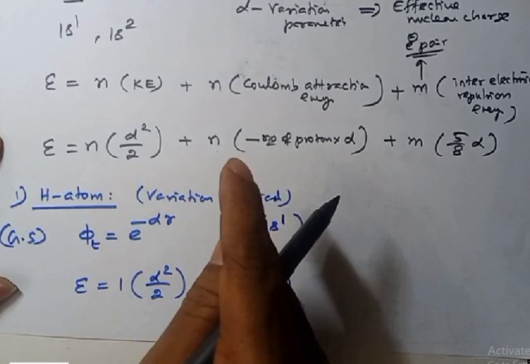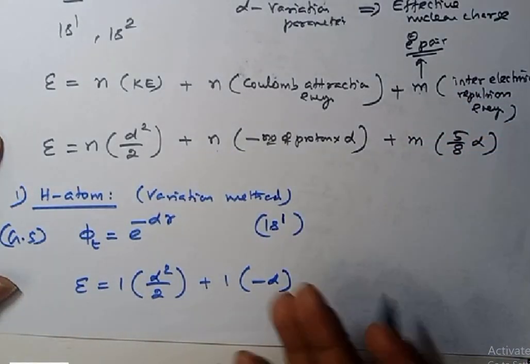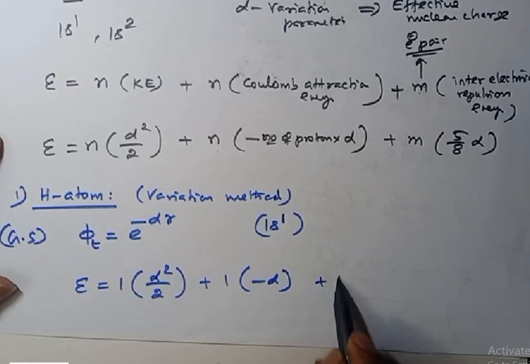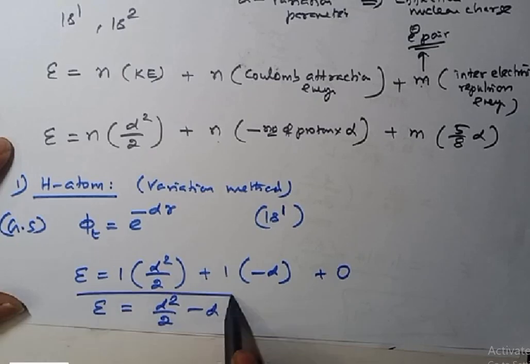And since there is only one electron, electron repulsion is 0, so this term becomes 0. What we are left with is E equal to alpha square by 2 minus alpha.